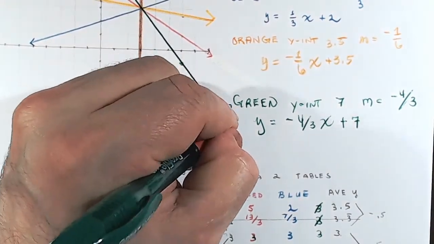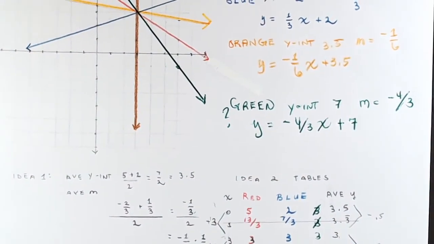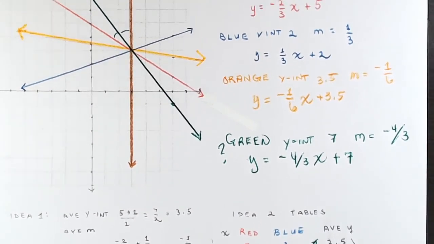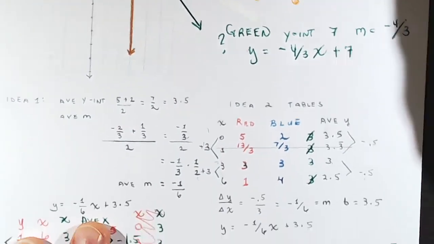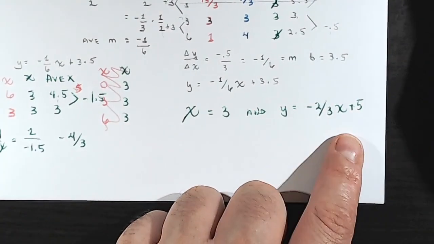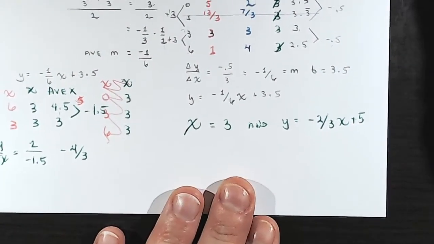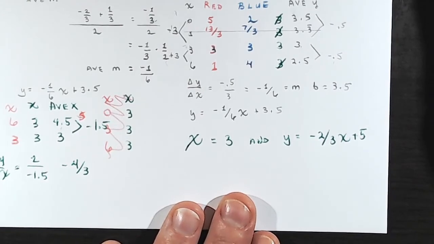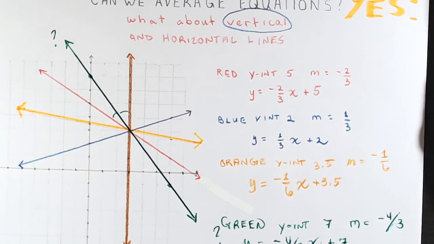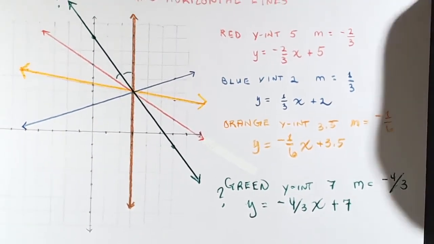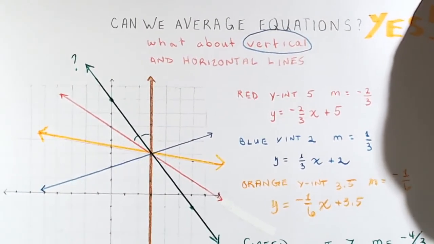Okay, is this correct? Is that the average of x equals 3 and y equals -2/3 x plus 5? I don't know. I don't know, but I will leave it there.